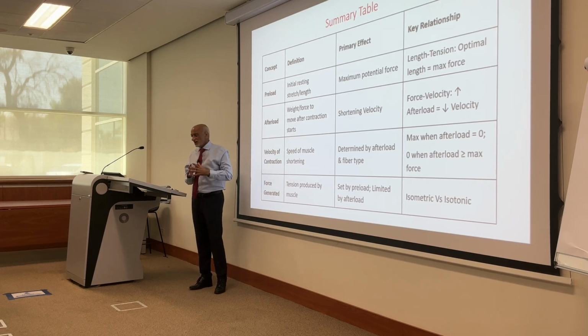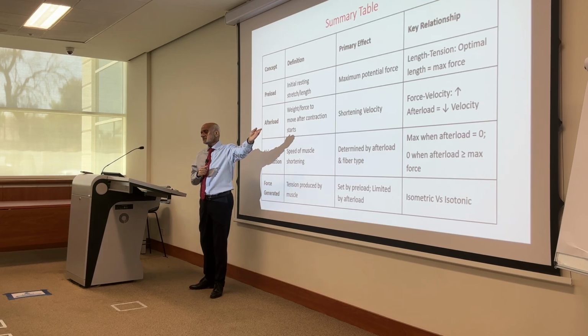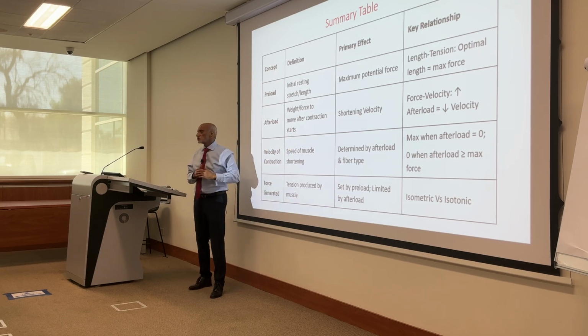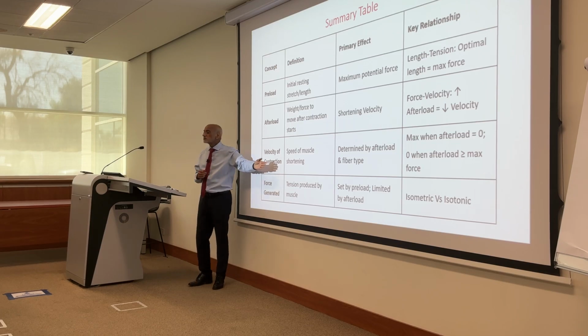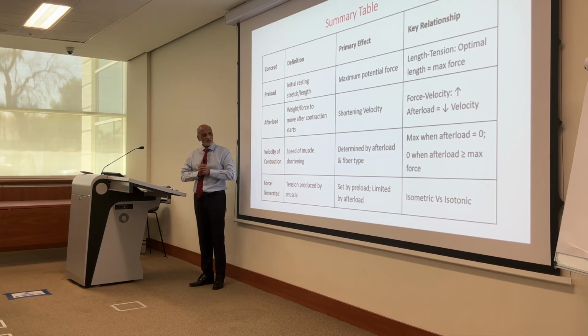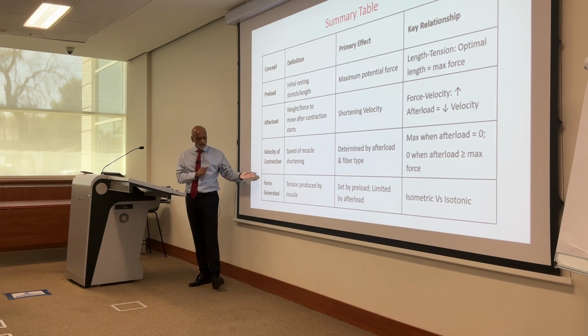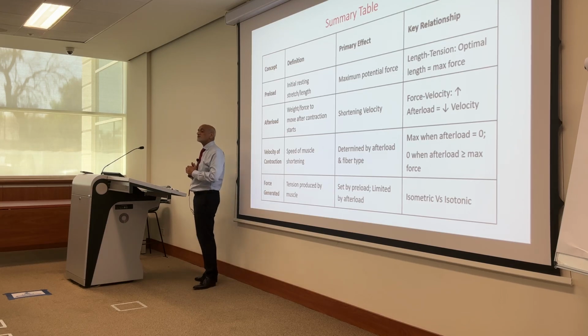What does it affect? It affects how fast the muscle will contract, in other words, the velocity. High afterload, you get a slow velocity. Velocity of contraction, the speed at which the muscle will shorten, is again determined by the afterload. Lastly, the amount of force generated by the muscle is determined by the preload, or the stretching of the muscle, or another way of saying that is the number of potential cross bridges you can form.